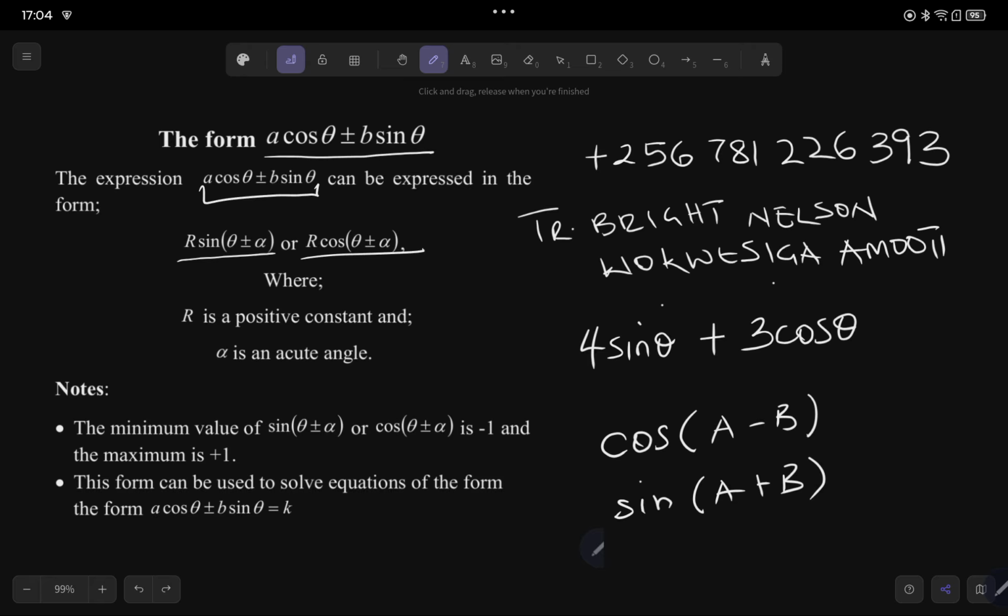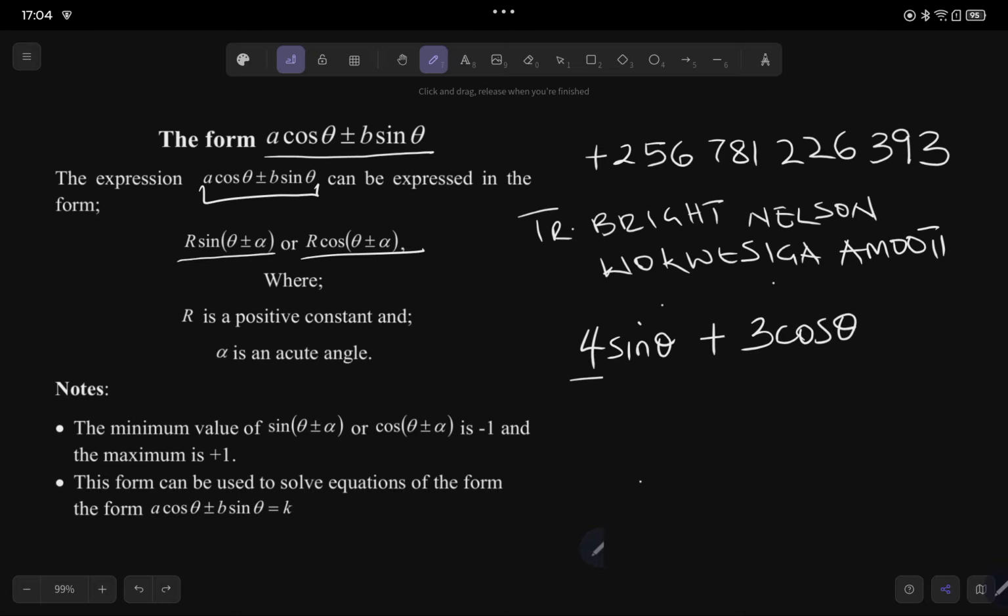It is these 2 that gave us a sum when opened: cos a cos b plus sin a sin b, and sin a cos b plus cos a sin b. Now we want to transform this expression to also appear like that.